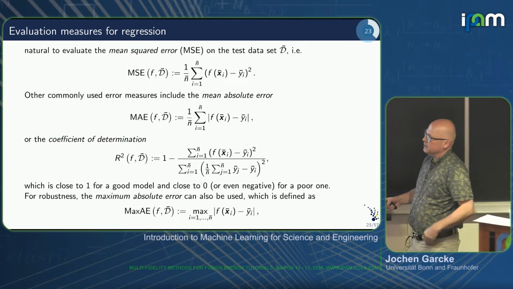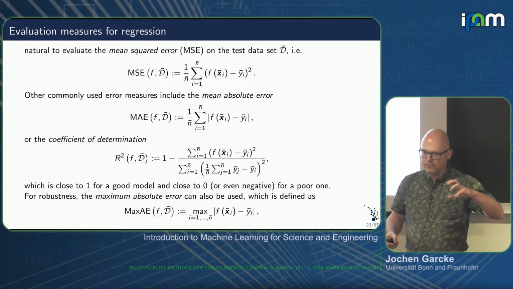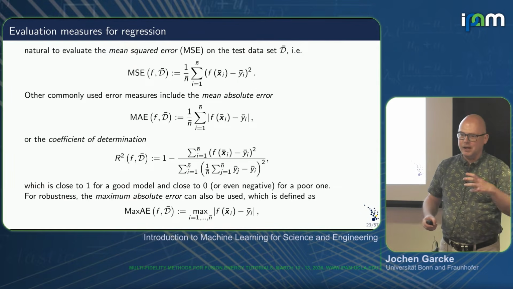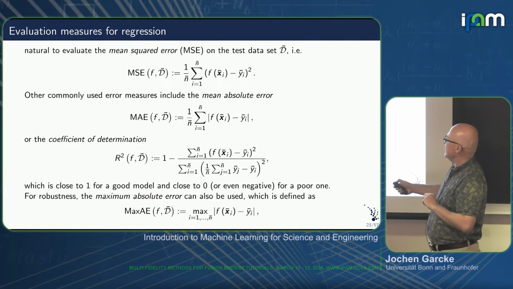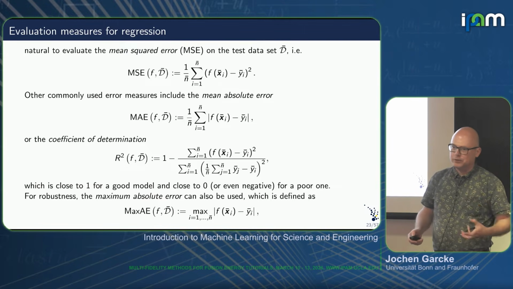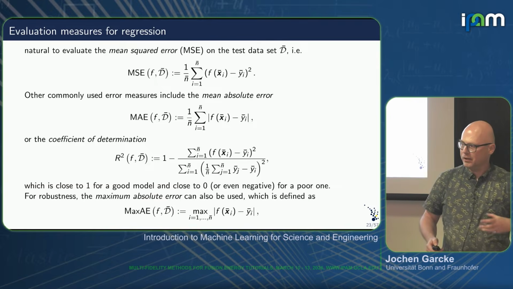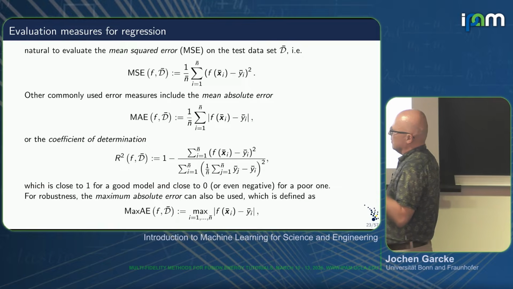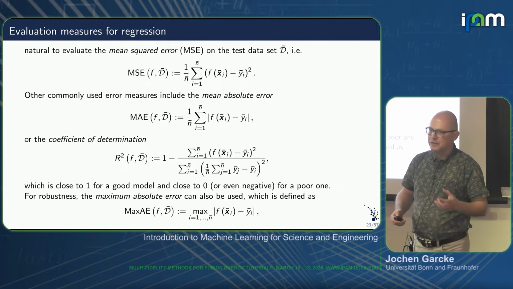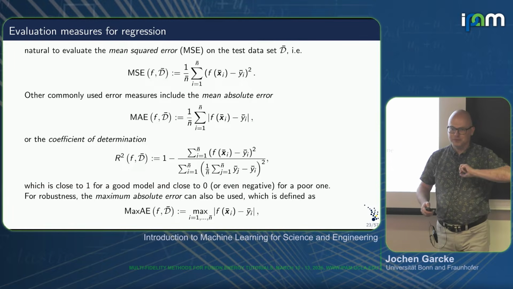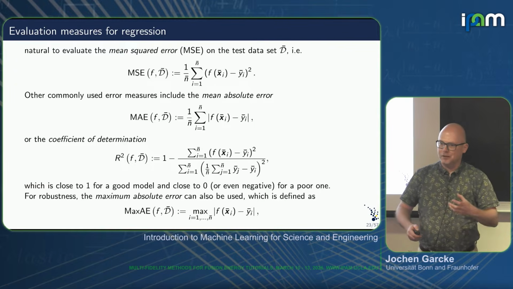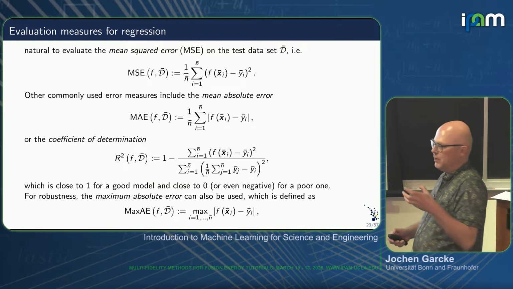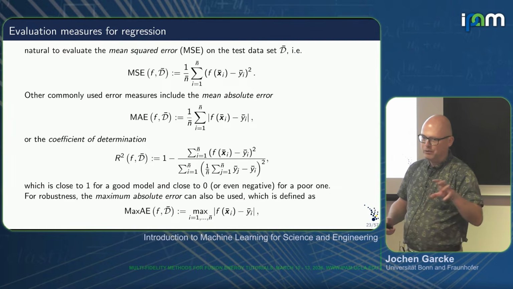But what I wanted to mention is also, if you are solving a physics-based problem where you have some other properties than the label, it's worthwhile to measure these as well. So like mass conservation, or if you know that certain values should be non-negative, maybe measure that. Because you might have a small mean squared error, but the physics properties might not be well preserved.